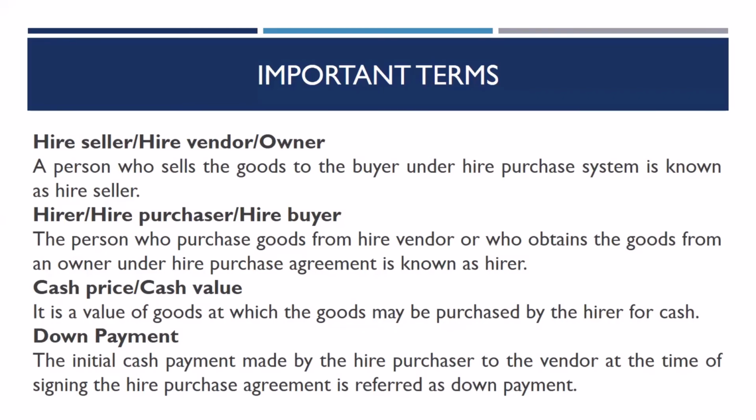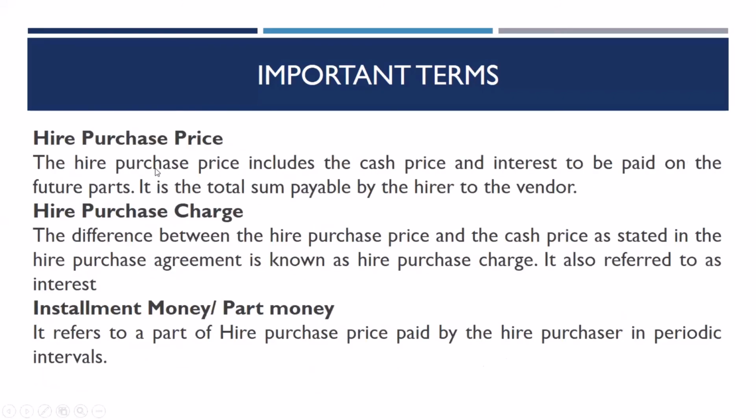The down payment is like a token amount, and this confirms the transaction, or that the purchaser is serious about going ahead with it. Then the next terminology we will be learning is the hire purchase price. Hire purchase price refers to the total price that has to be paid by the buyer to the vendor if he were to buy it on hire purchase.